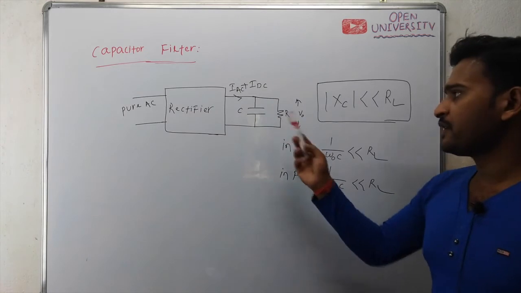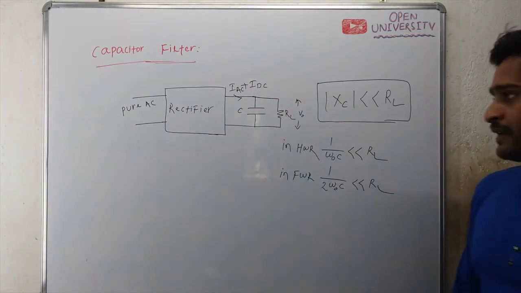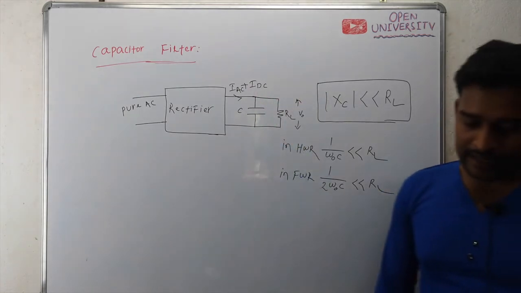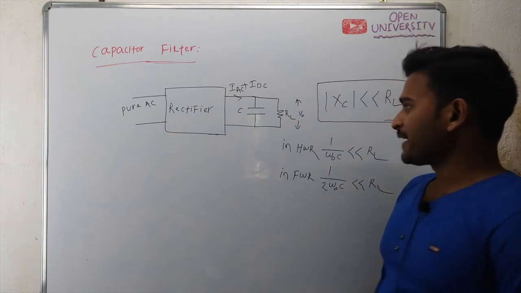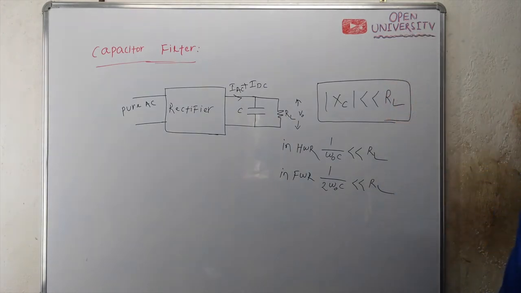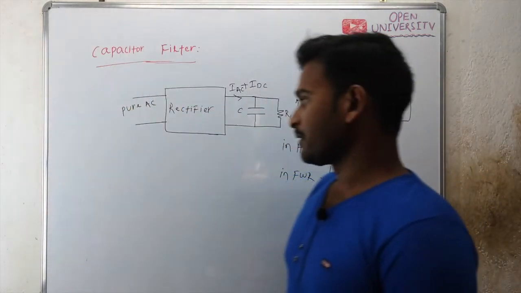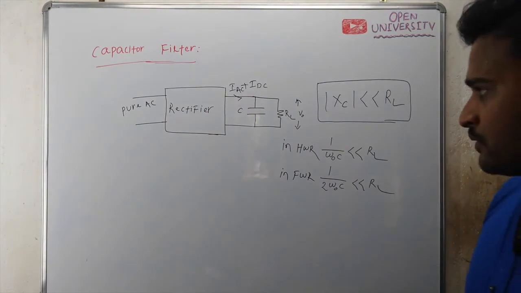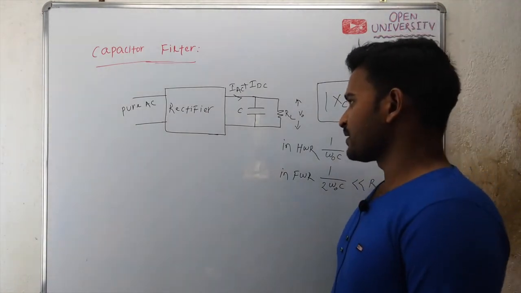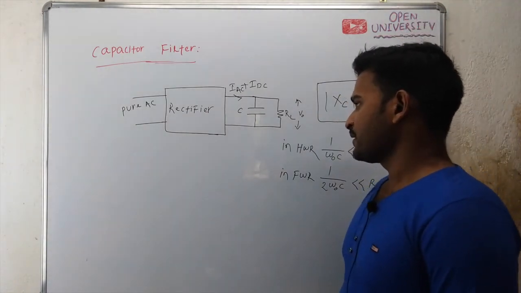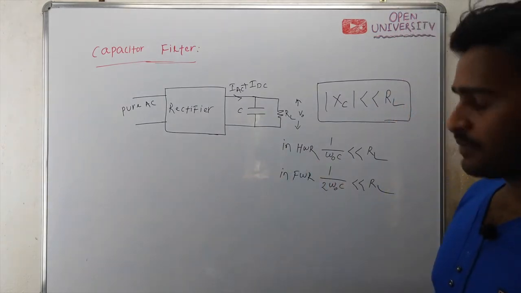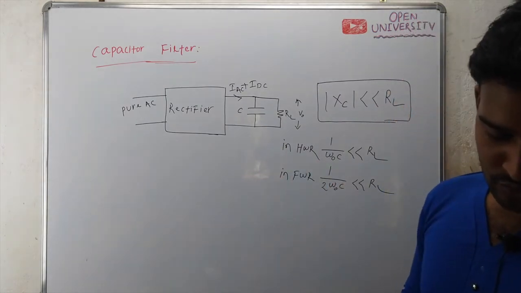Take the next point: DC component IDC will directly flow through RL, because for DC the capacitor becomes open circuited.